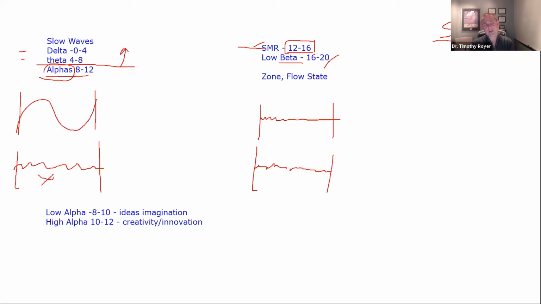So he developed an experiment where he put them in a cage where the EEG, the electrical activity, was connected directly to a device that distributed milk and food. And whenever the EEG would drop into 12 to 16 hertz, the device would release food.